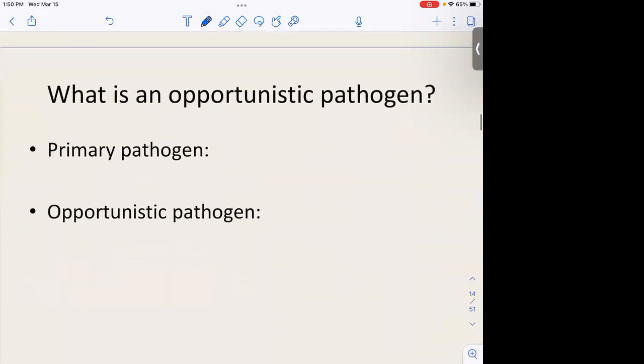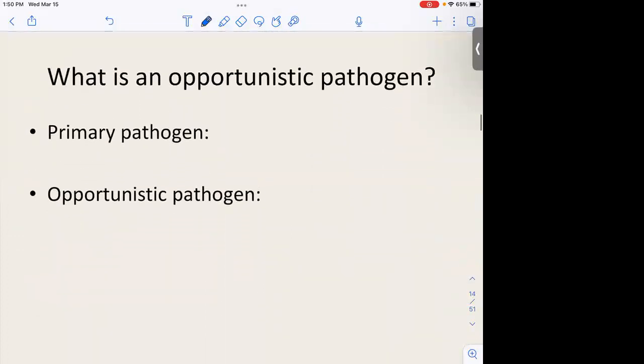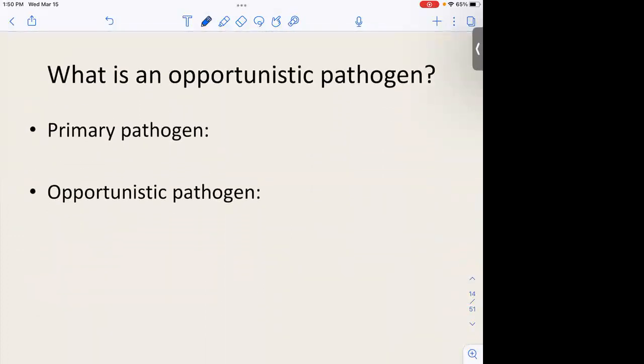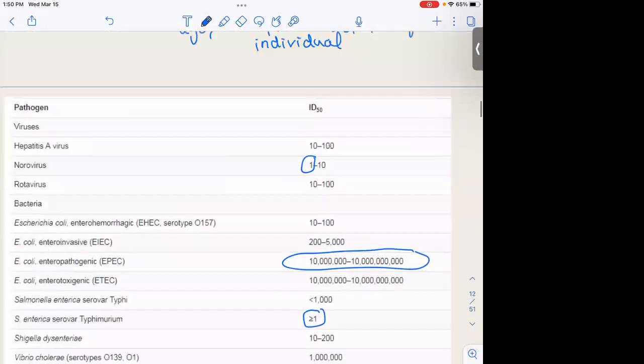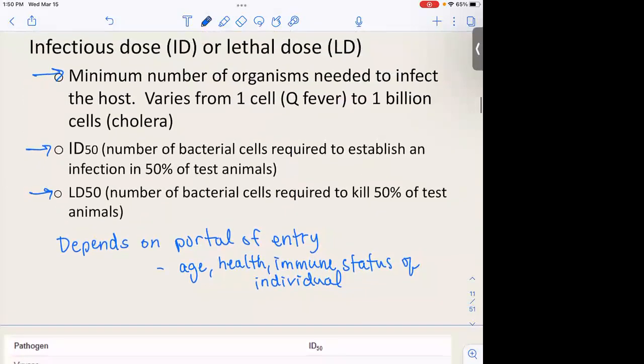Okay, one more thing I wanted to just point out here. Organisms with low infectious doses are considered more virulent.